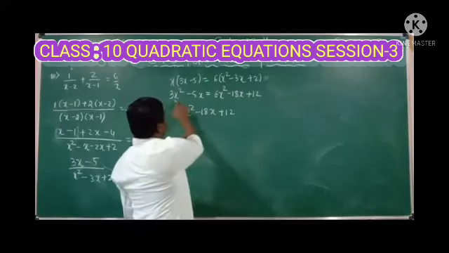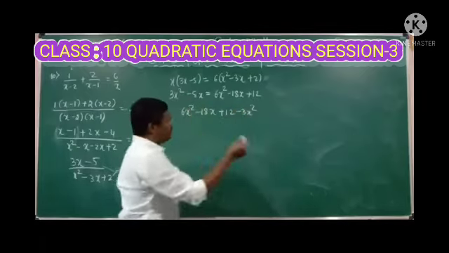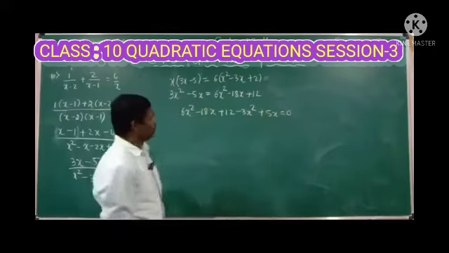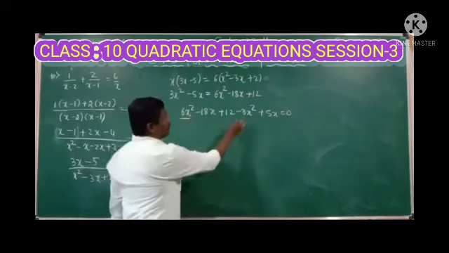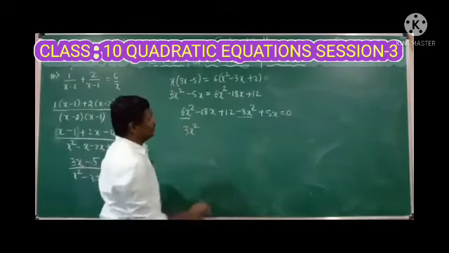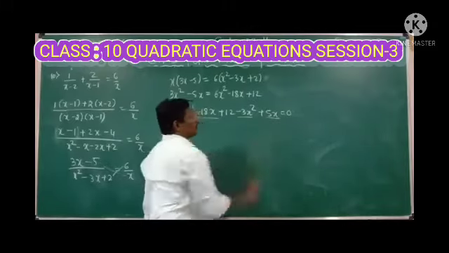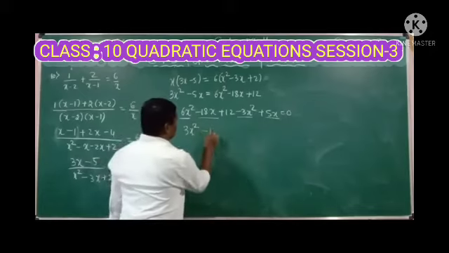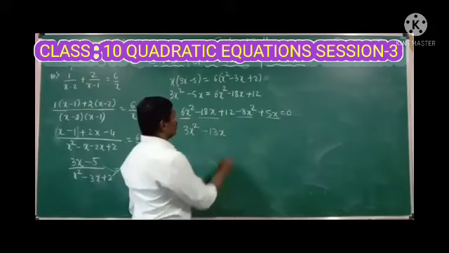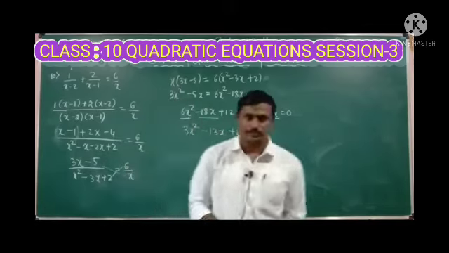So plus 3x squared becomes minus 3x squared and minus 5x becomes plus 5x, which is equal to 0. Now 6x squared minus 3x squared is 3x squared, minus 18x plus 5x means minus 13x, so 3x squared minus 13x plus 12 is equal to 0.